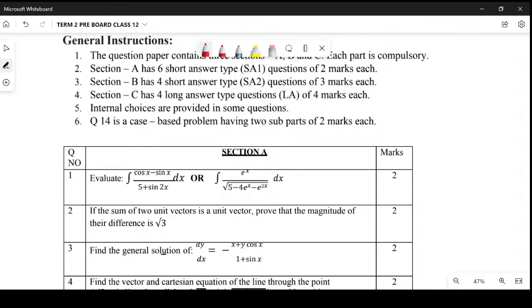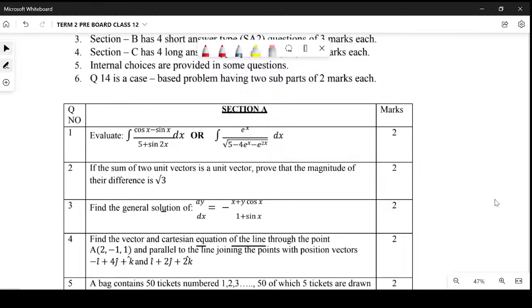Now see, these are the questions we have. First question: integral of cos x minus sin x by 5 plus sin 2x, or integral of e power x by root of 5 minus 4 e power x minus e power 2x dx.